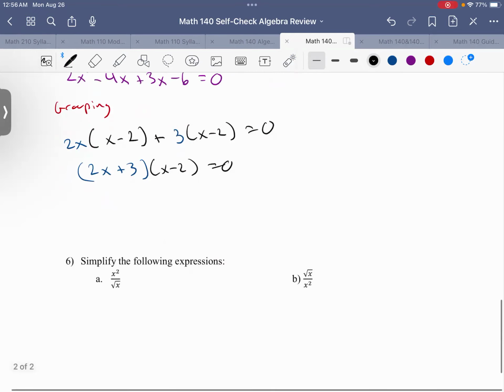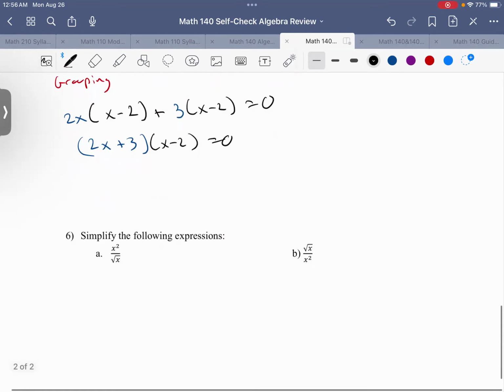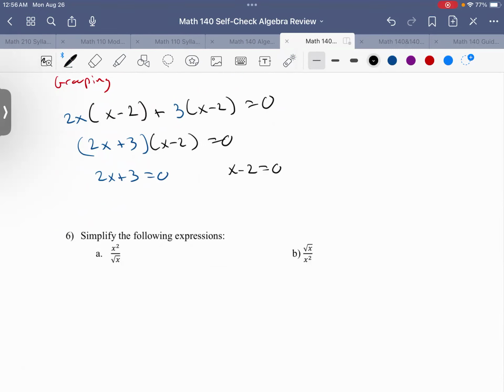Okay, so now we got to solve for x. So 2x plus 3 equals 0, and x minus 2 equals 0. Right away, this one will just be x equals 2. Just add 2 to both sides. This one, we got to subtract 3 from both sides and then divide by 2.